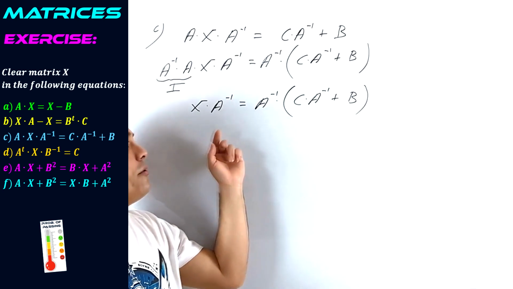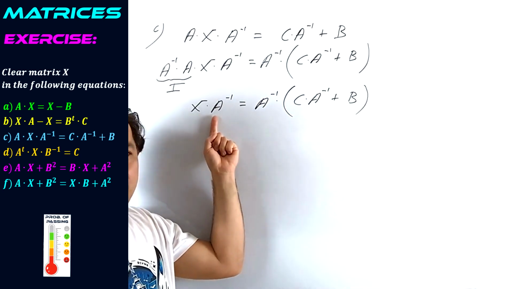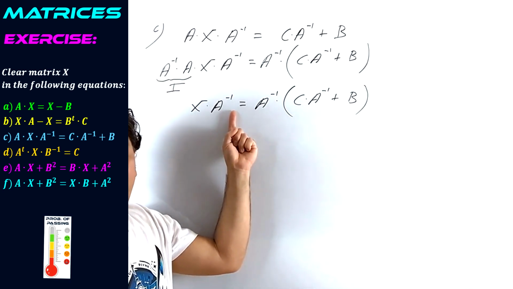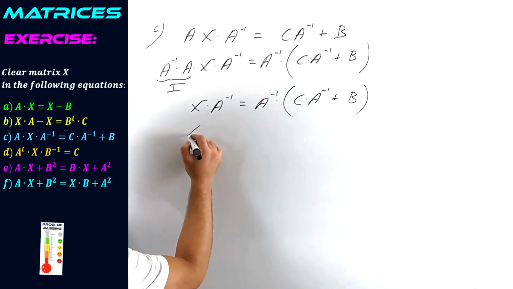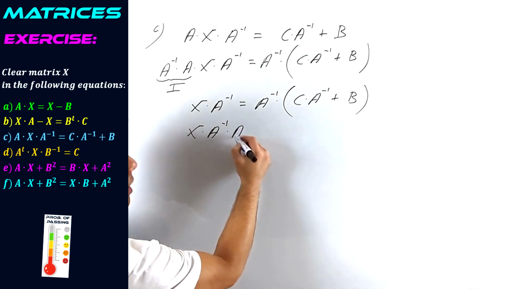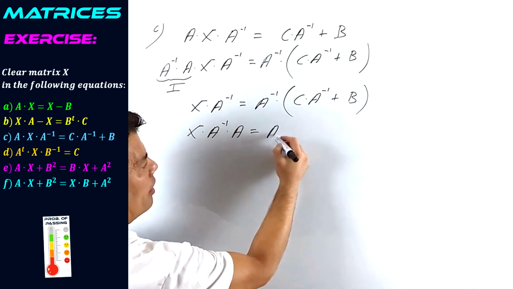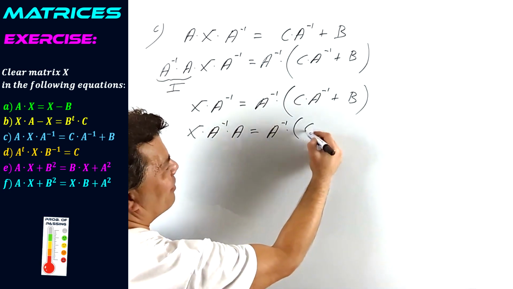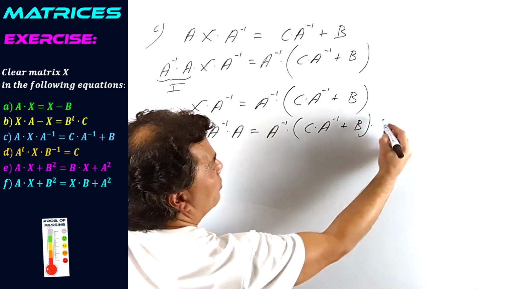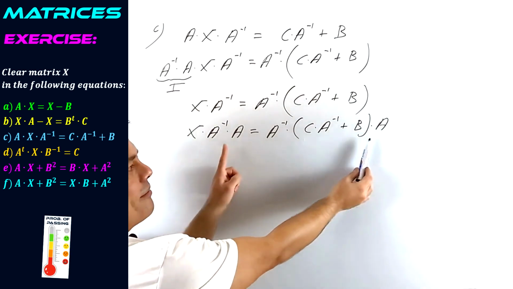And now it's time to release matrix X from this captor. And why don't we multiply both sides by A? Look, X multiplying A to the negative 1 times A equals A to the negative 1 C A to the negative 1 plus B multiplying A again.